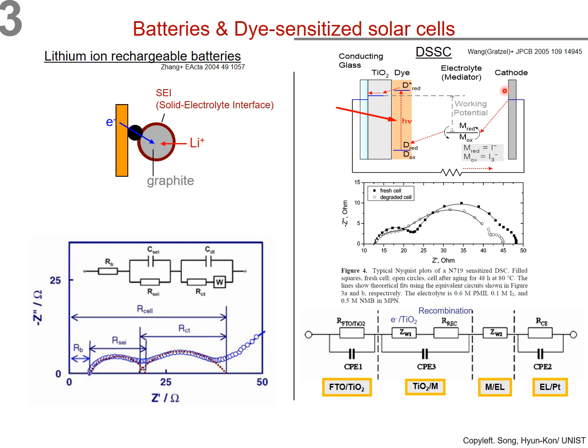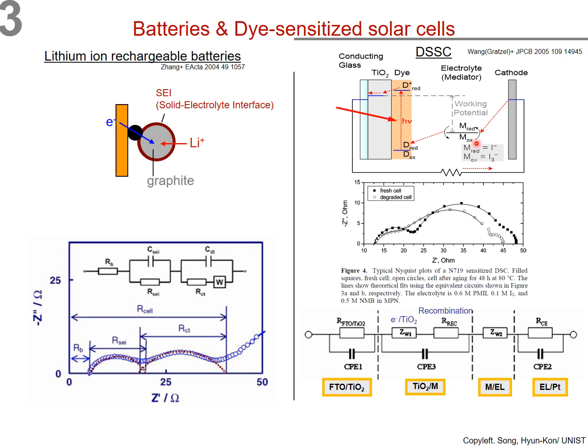And platinum is donating electrons to the electroactive species inside the electrolyte. This electroactive species is called the mediator in this system.